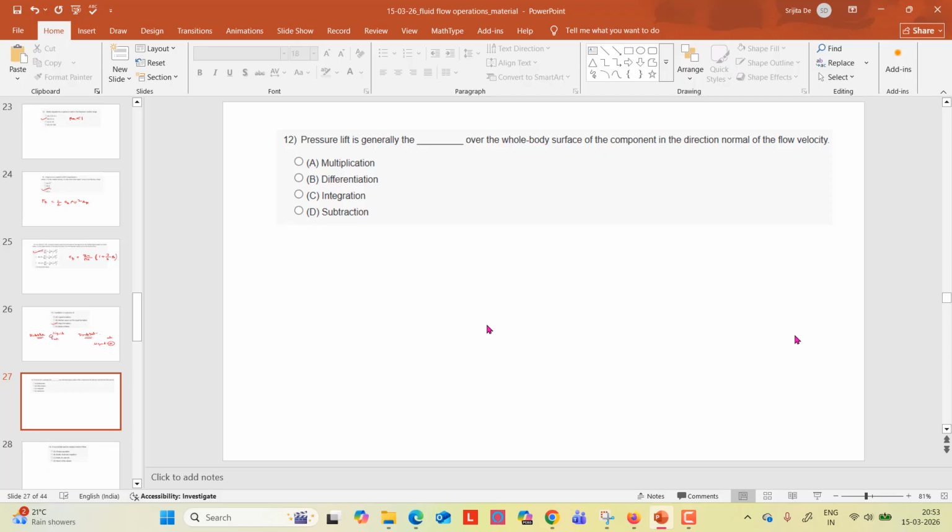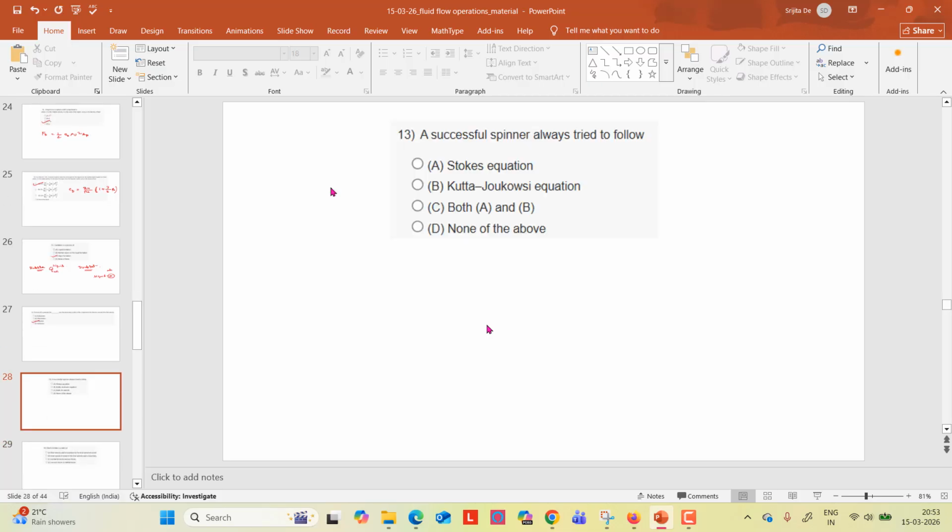The pressure lift is the integration. Next, a successful spinner always tries to follow the Kutta-Joukowski equation, right?